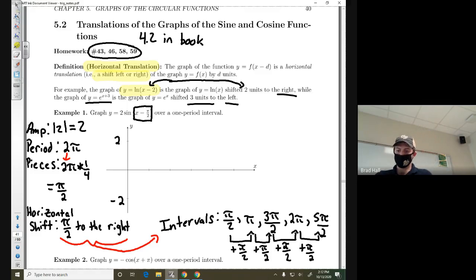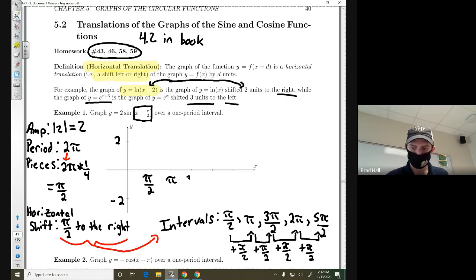All right, cool. So that tells us the intervals. So we are not starting over here anymore because we're not starting at 0. Because we are shifting to the right. So the first value we start at is pi over 2. And then I'm just going to list out the values we found.